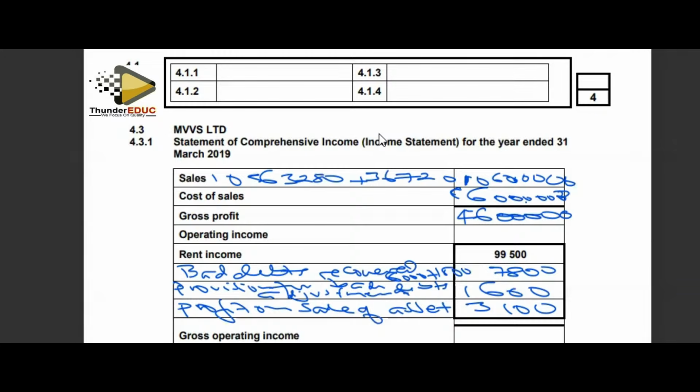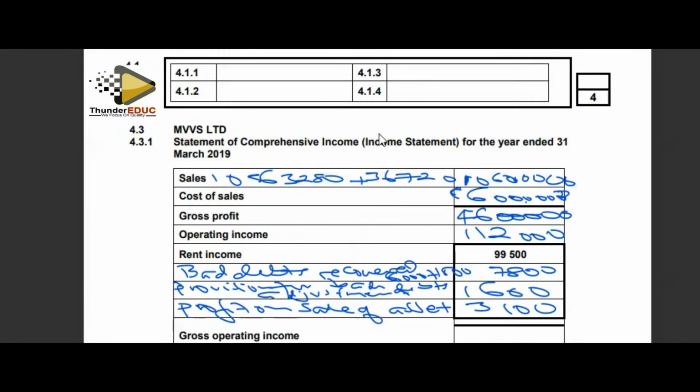The 99,500, okay? Then we add on the 1,600 plus 3,100, okay? This one is giving me 112,000. Remember, this is also income as we did in our first lesson.